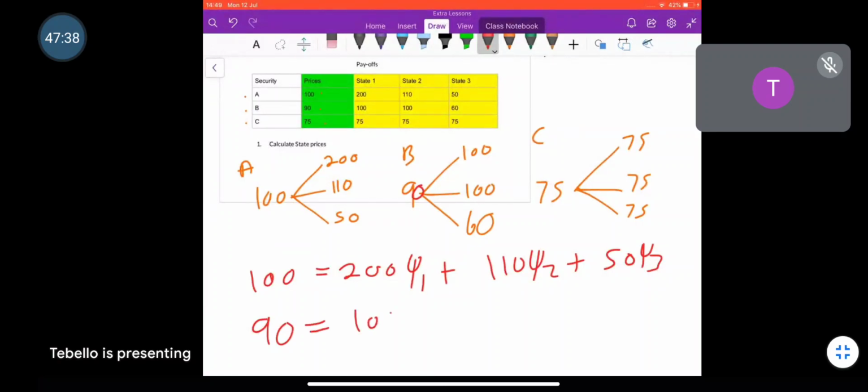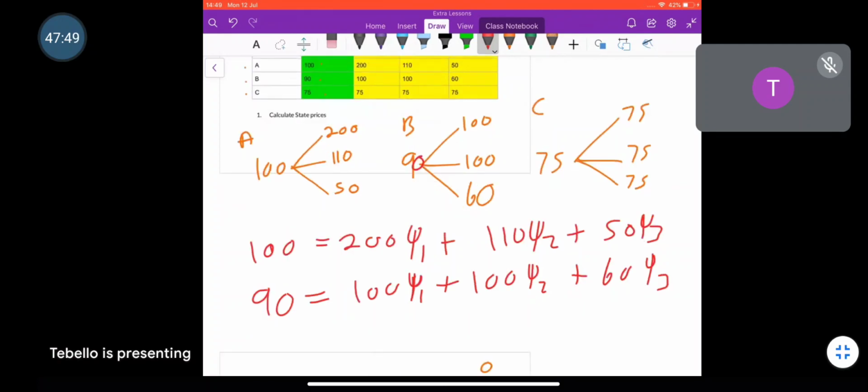100 times the state pricing 1, 100 state pricing 2, 60 state pricing 3, and then again you have 75 with state pricing 1, 75 state pricing 2, 75 state pricing 3.